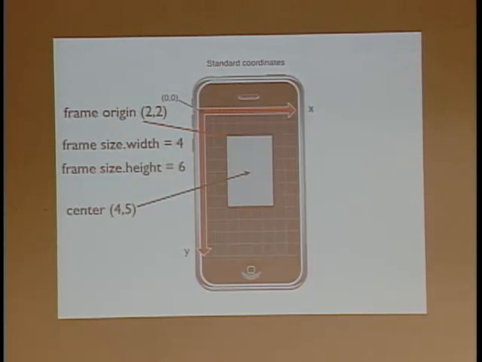So this is flipped in terms of what most people are used to. Usually we're used to Y going up. This was just a convention chosen that supposedly makes it easier to place and understand the positioning of objects.